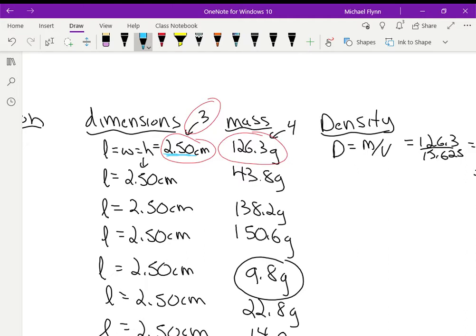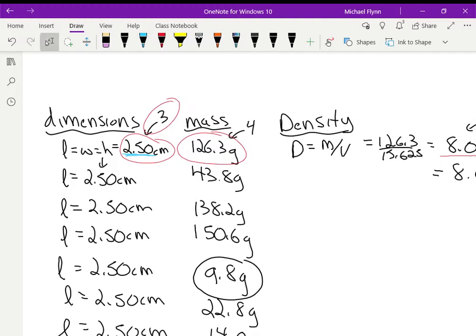The trailing 0 was actually measured, it was right on the dot, 2.5. If it wasn't, I would write 2.51 or 2.52, that kind of thing. But it was right on the dot, so I wrote 2.50. So there are 3 digits of precision there, and the mass has 4 digits.